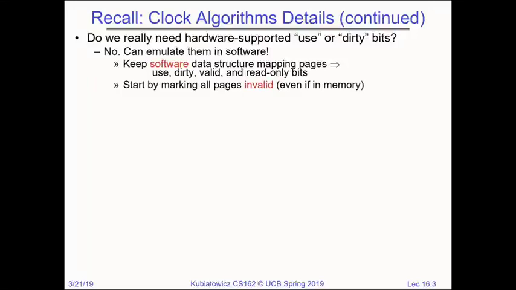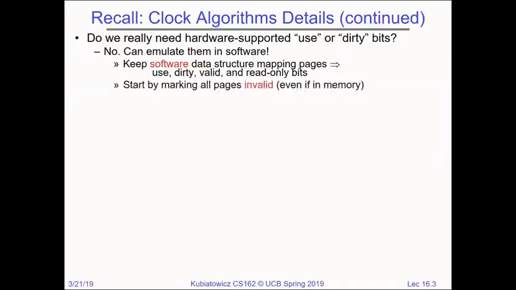So basically you keep a software version of these use, dirty, valid, read-only bits, and the reason we need to keep valid and read-only is for the subsequent parts of this. We're going to start by marking every page invalid whether or not it's actually valid. So we're going to keep the notion of valid or read-only in our software structure, but in the hardware we're going to mark it as invalid by setting the P bit off in the page table entry.